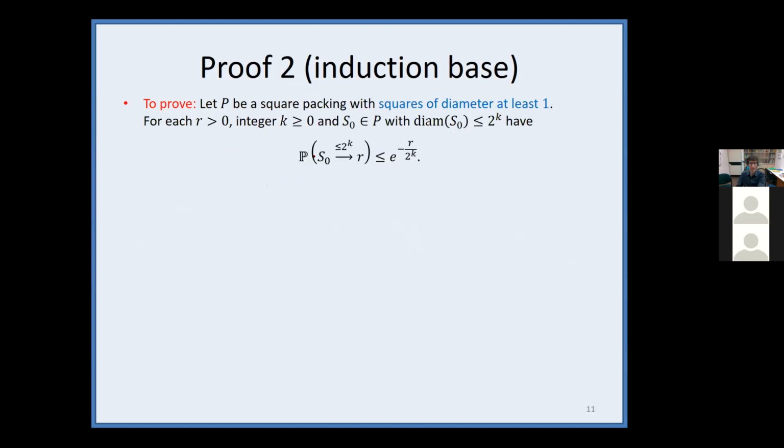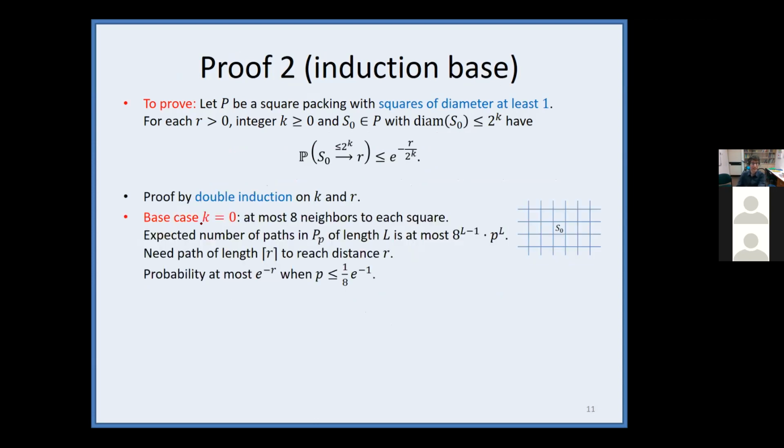So, here I just repeated what we need to prove, the same as the previous slide. We will do a double induction on k and r. The base case is k equals 0. Because I assumed that the squares have diameter at least 1, this means that they also have diameter at most 1. So actually, all the squares have diameter exactly 1. That's a very easy case.